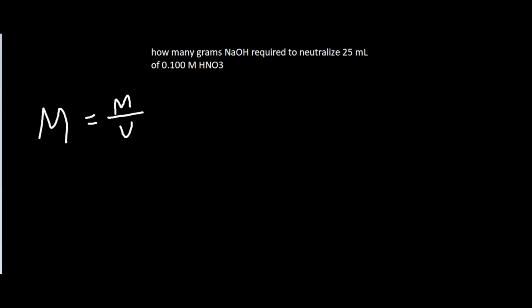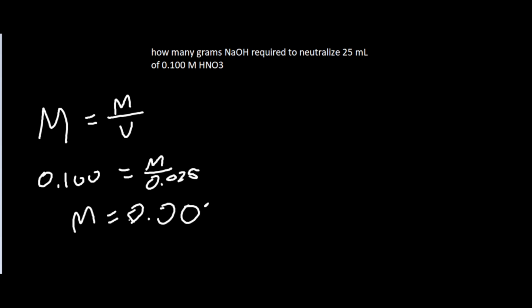So we have 0.100 equals m over 0.025. And then you solve for m. It's just simple algebra. And we get m equals 0.0025 moles HNO3.